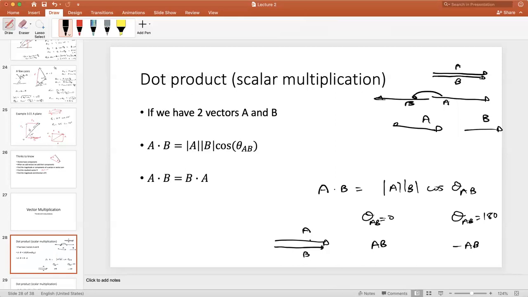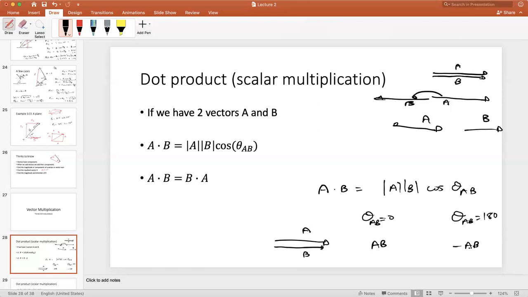And in fact, if A and B were exactly the same magnitude, this would be negative A squared. So when you're multiplying two vectors, if they are anti-parallel, meaning opposite directions, you get a product that is negative. And if they're in the same direction, you get their product, but it's positive, okay?